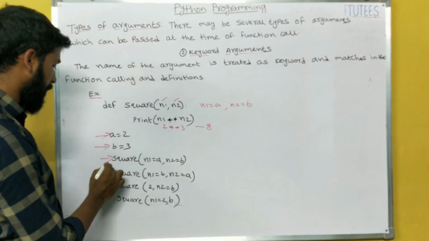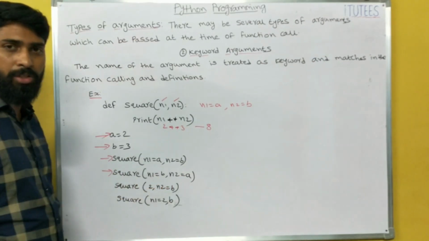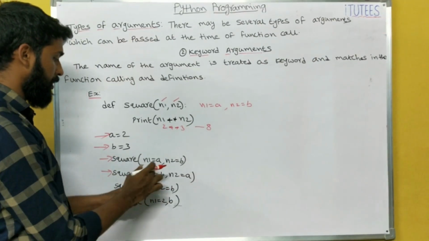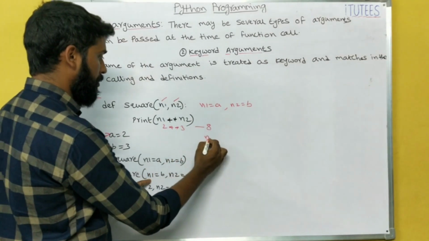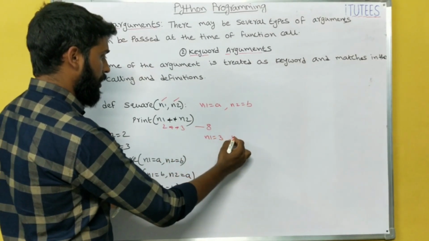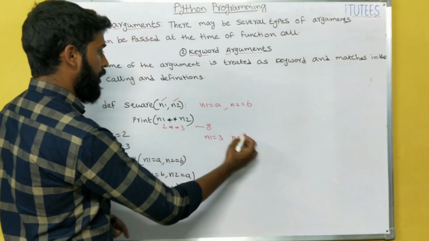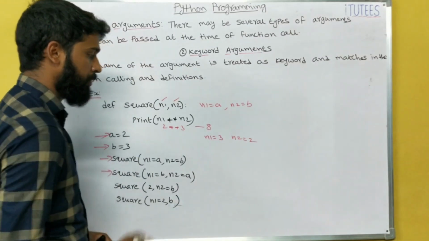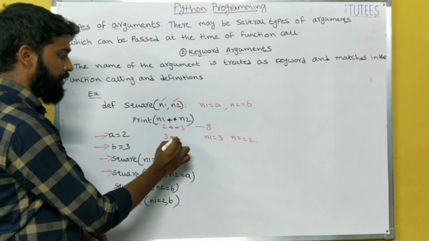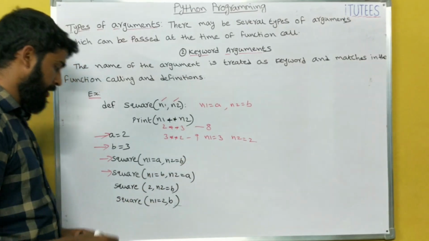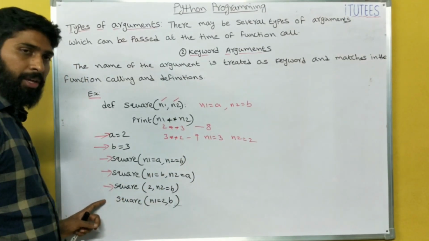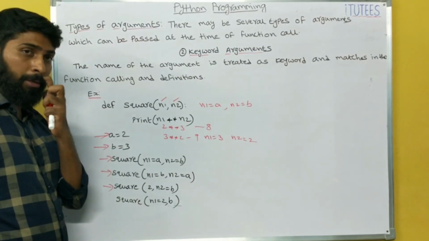In the next function call, square n1 equals b. That means n1 equals b, so now n1 equals 3 and n2 equals a, that means 2. It prints 3 power 2, 9. In the next call, square 2 comma n2 equals b.